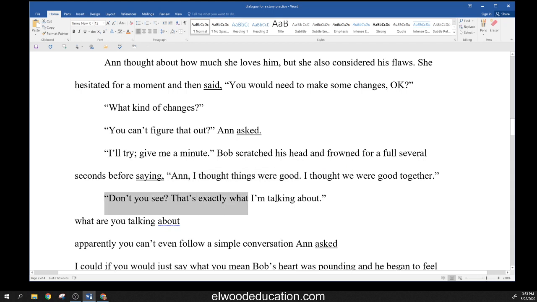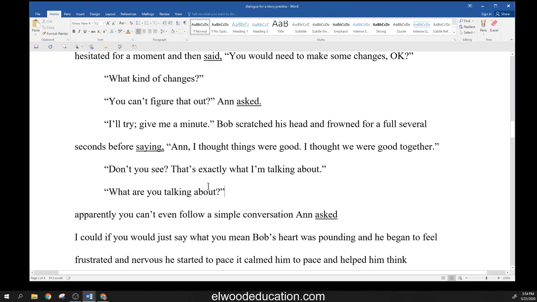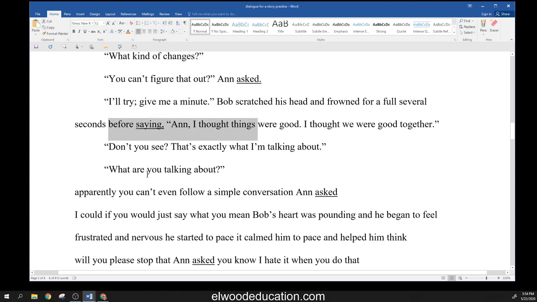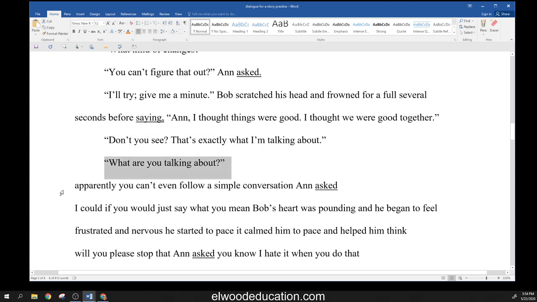We have Anne speaking to Bob, and this is Bob answering. So we're going to have another indent because the speaker changed. What are you talking about? We know that Bob is asking because this was Anne and this was Bob. New indent, so we know who's speaking. We have a new speaker here.